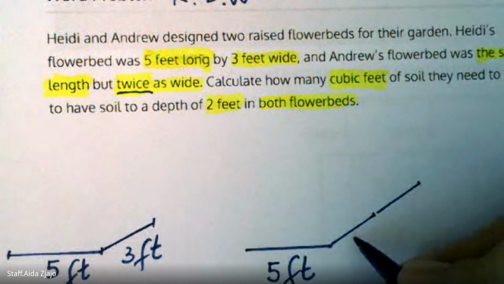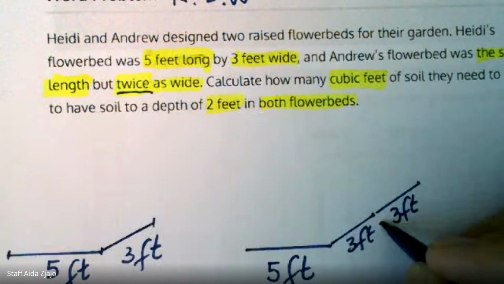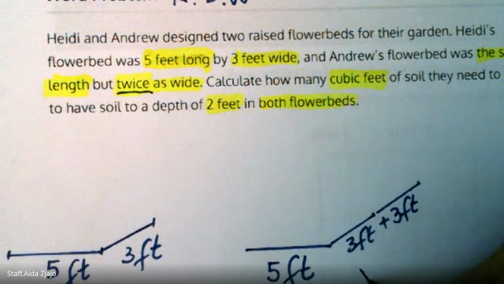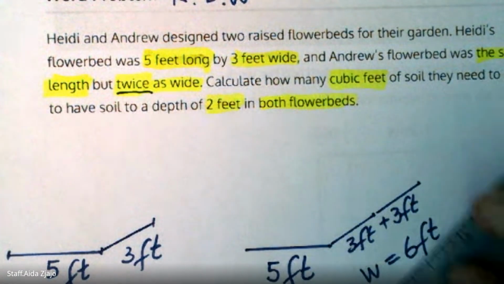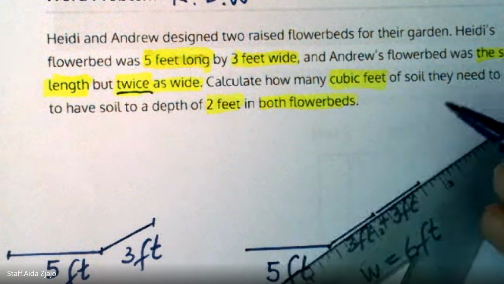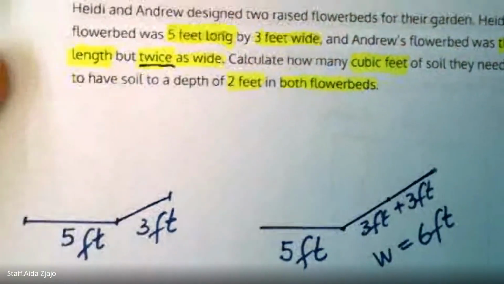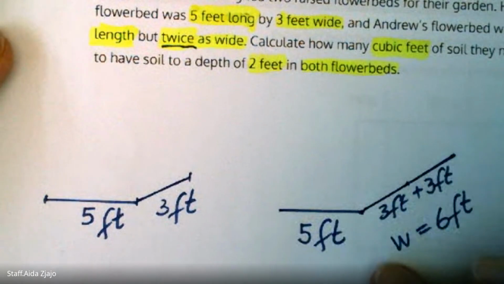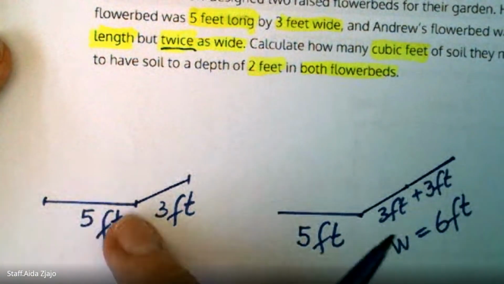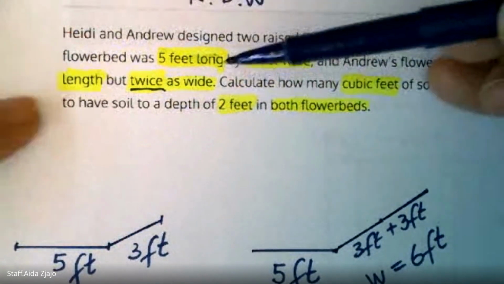So together 3 feet and 3 feet. His width is going to be 6 feet. From here to here is his width, so his flower bed will be 5 by 6, and hers is 5 by 3. So that's the information that we know so far.